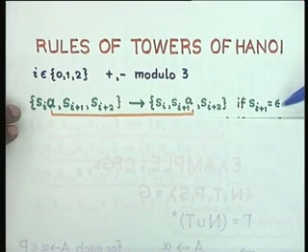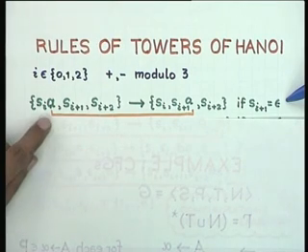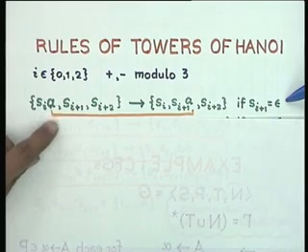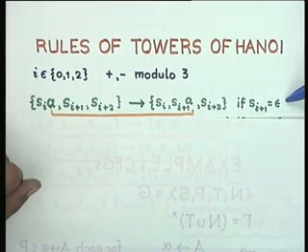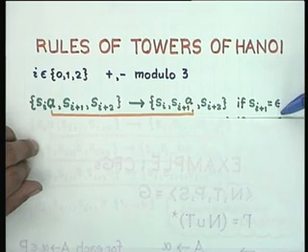The first rule says that supposing the tower i, whatever may be i, is non-empty, that means it has at least one token, and the top peg is called A, and i plus 1 is empty.